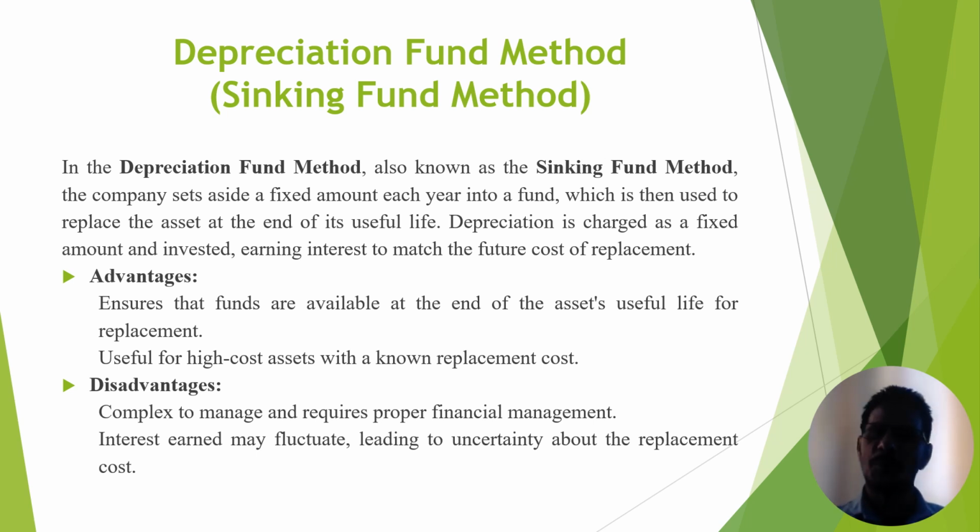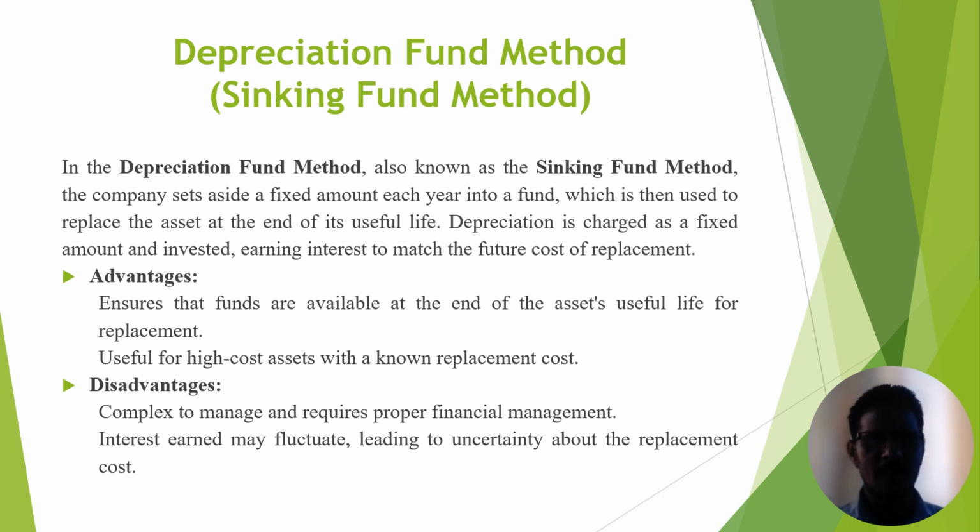It means 2024. Every year, we set aside a fixed amount from our profit. And then after 10 years, we have a bulk amount, and from the bulk amount we can purchase a new machine.